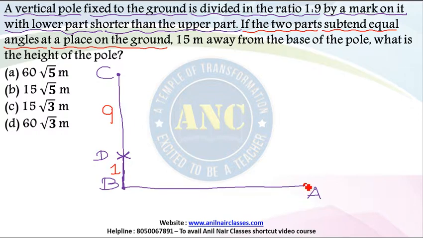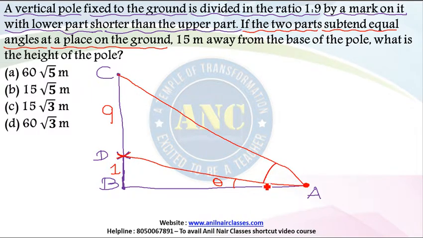That place I will name as point A. If the two parts, that means this point D is making an angle of theta with respect to A, and this point C is also making an angle of theta with respect to A. If I draw from A, this AC, angle ACD is theta. Similarly, angle ABD is also equal to theta.